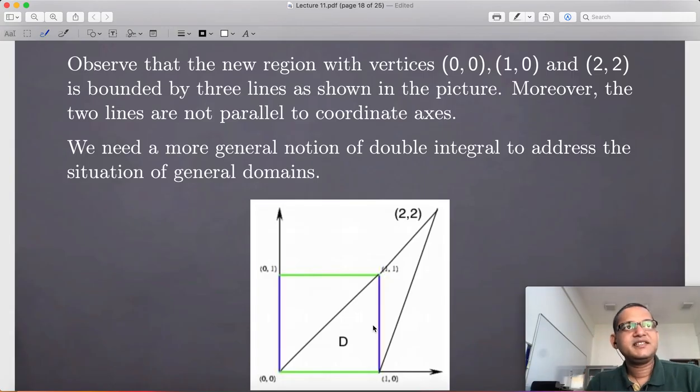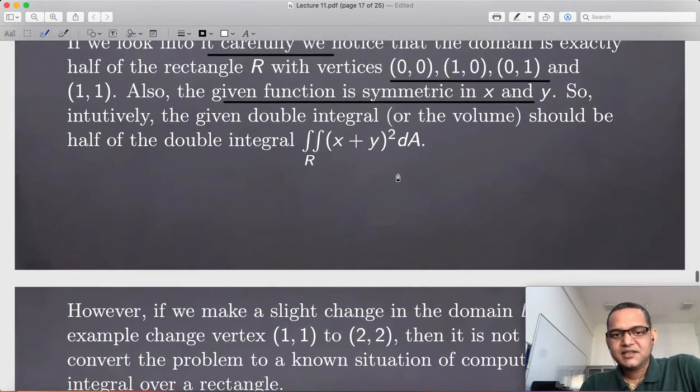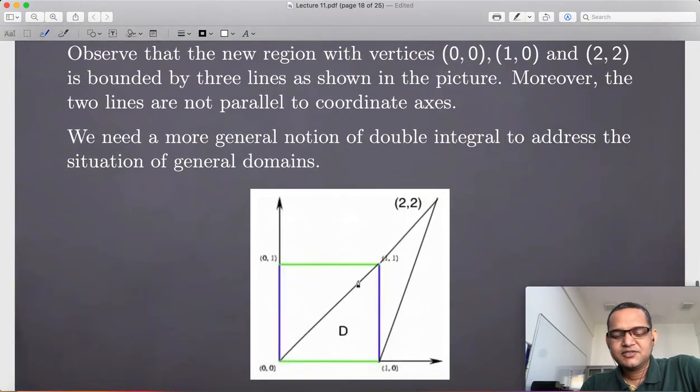Basically this tells us that we should be able to compute volumes where the domain is not really a rectangle. Here the problem is in a way simple, which intuitively tells us that from this triangle we can go to a rectangle, and then we solve from our previous definition.